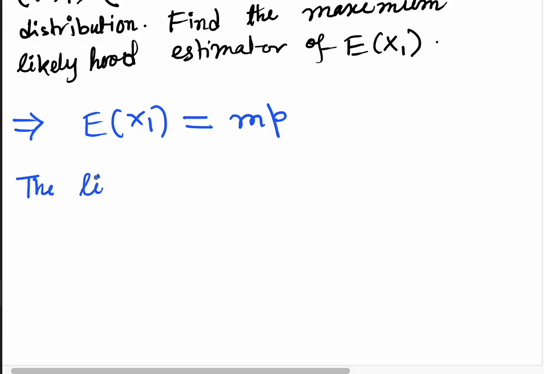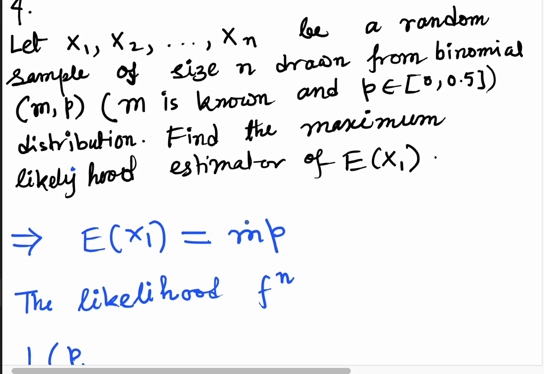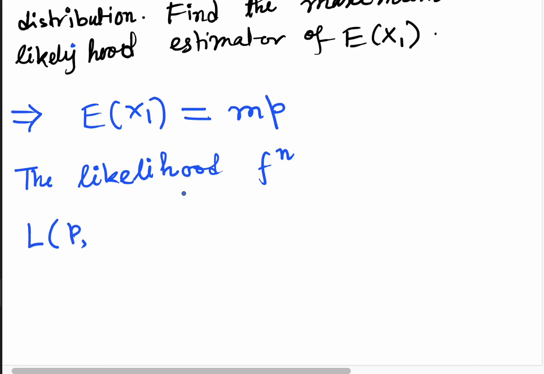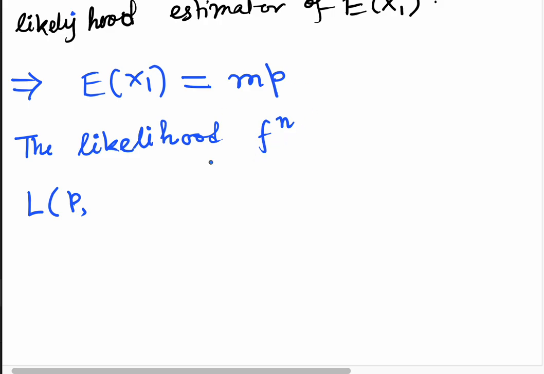The likelihood function will be the joint distribution, and since m is known, we have to only estimate the parameter p.